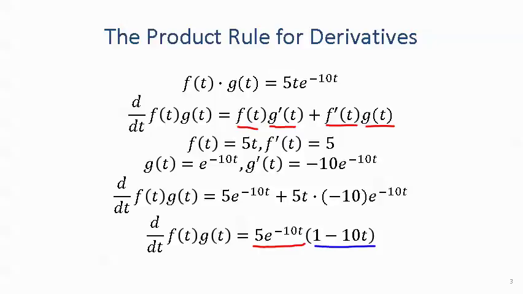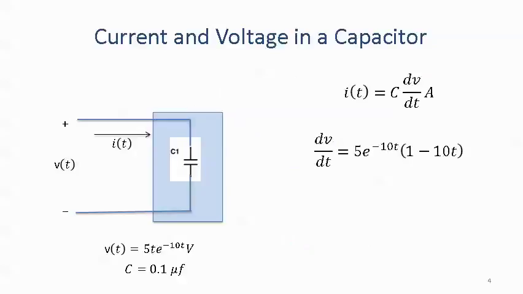So that's the derivative of our voltage. Now that we know how to calculate the derivative of the product of two functions, we're ready to put the problem back together again. We start with our derivative of the voltage with respect to time, 5e to the minus 10t, times the quantity 1 minus 10t.